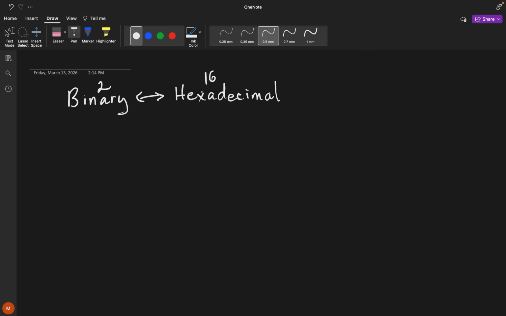If you don't understand that math, no big deal. But going between binary and hexadecimal, 1 digit of hexadecimal is equal to 4 digits of binary. So if I had a rather long hexadecimal, let's start with this.